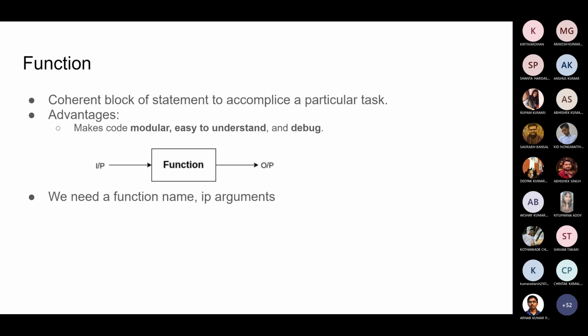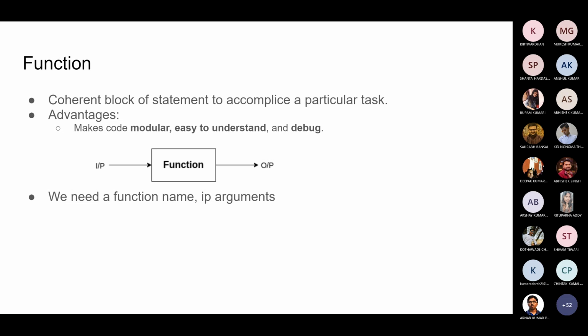Otherwise, we have to write all those lines again and again. So writing in a functional way makes the code more modular. What I mean by modular is that it becomes more compact, you can easily copy those functions and directly reuse them in other projects, and it becomes easy to understand and easy to debug.